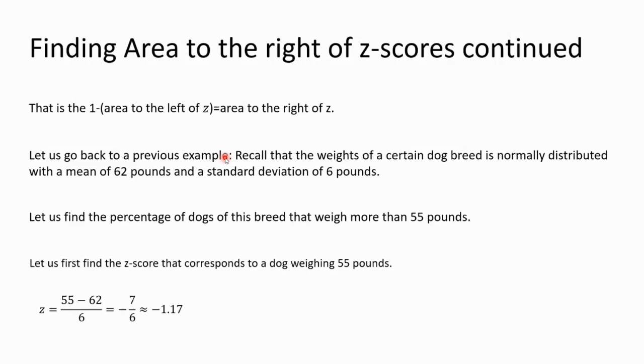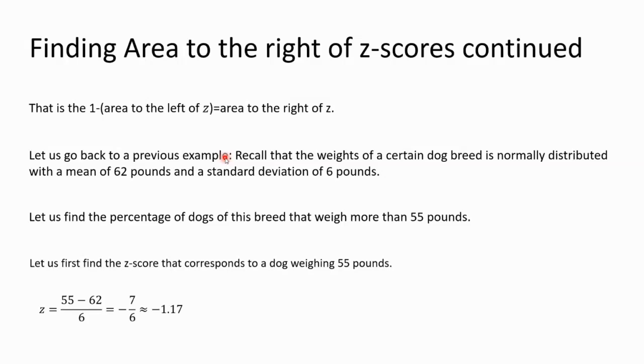Now, we already know how to get the percentage. Let's find the percentage now of dogs of this breed that weigh more than 55 pounds. So we are going to look for the percentage of data values bigger than 55 pounds.